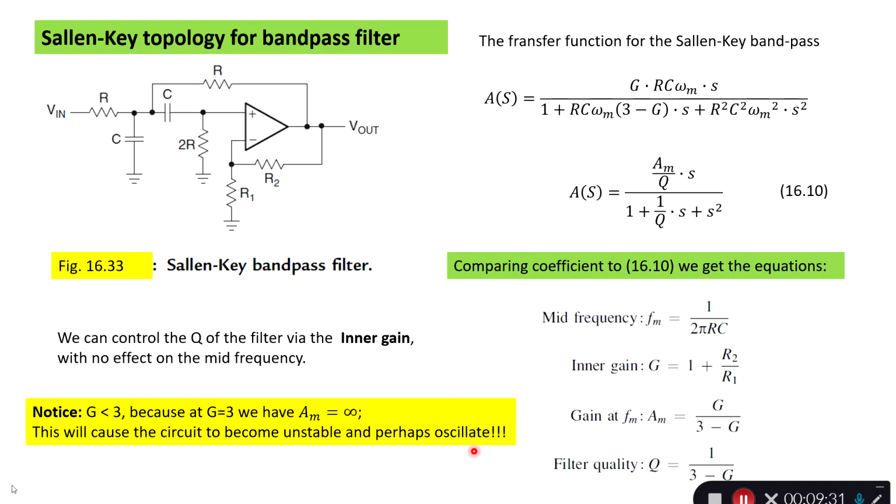So either it gives just the positive power supply out, or the negative power supply out, and it's locked there. This is a very unwanted situation, so we have to be aware in this design that the inner gain has to be below 3. Otherwise, we could get instability.